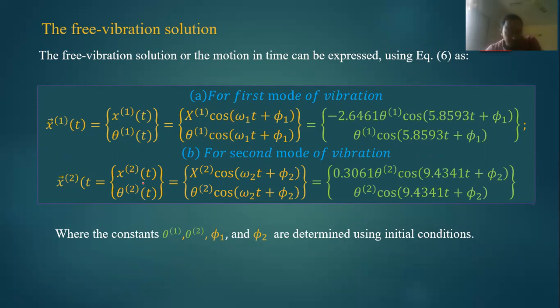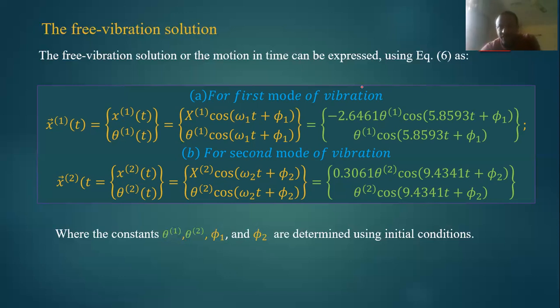From this, by superimposing the equations, that means x1 of t with x2 of t, we superimpose it. Theta 1 of t with theta 2 of t, we have to superimpose it.